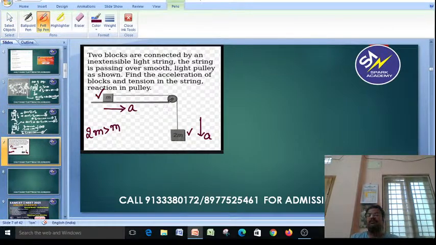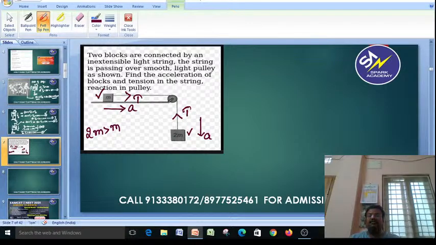Alright, now let us check. The entire string contains a single tension. The tension T acts away from the M block, and the same tension T acts away from the 2M block.